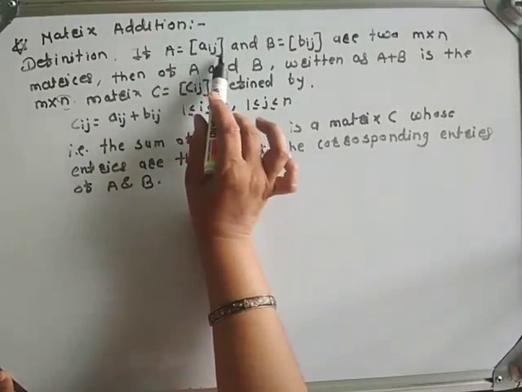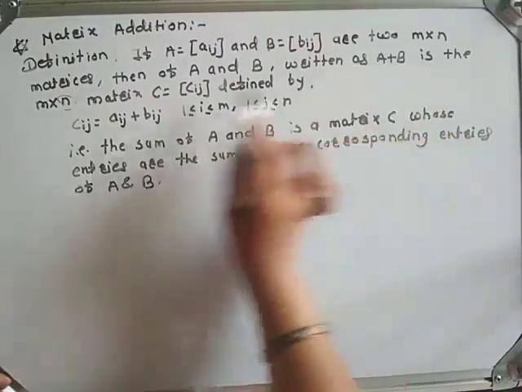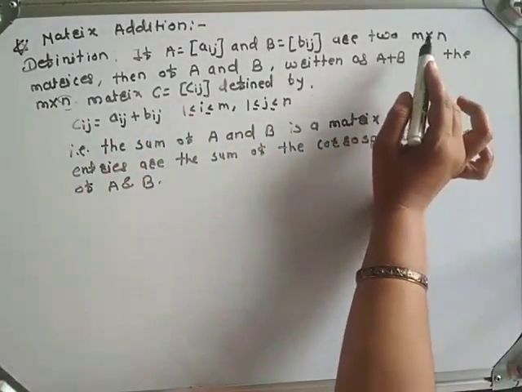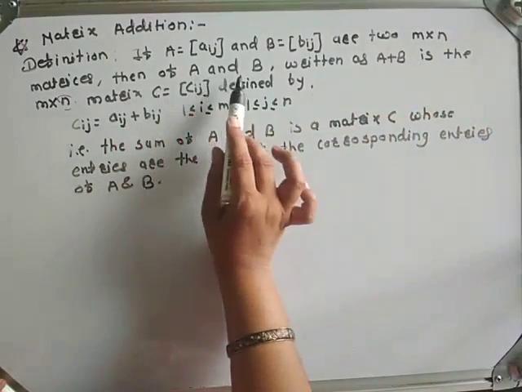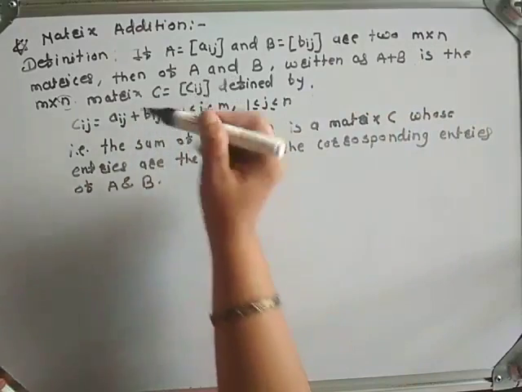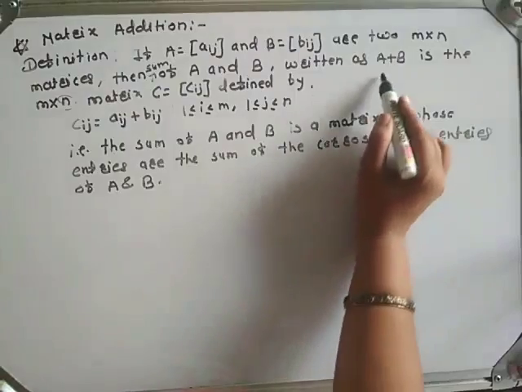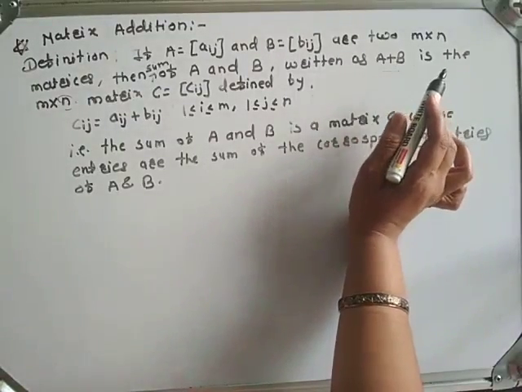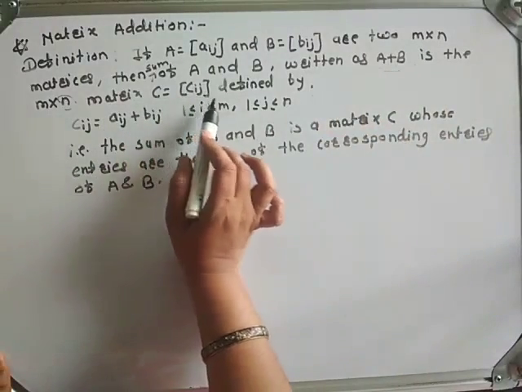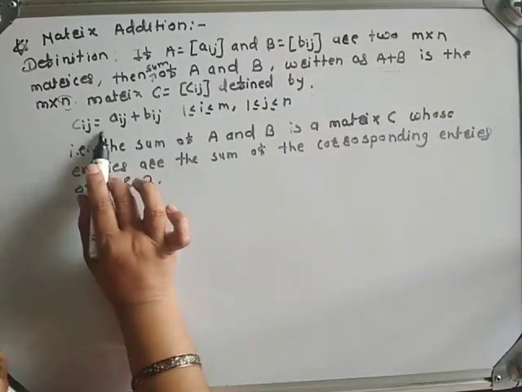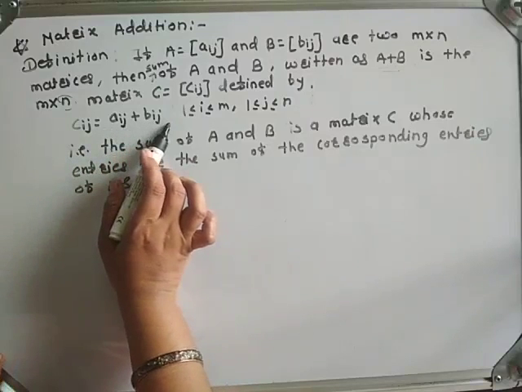See here, what is matrix addition? If A is equal to matrix Aij, B is equal to matrix Bij are two m by n matrices, that is, the number of rows is m and the number of columns is n, then the sum of A and B, written as A plus B, is the m by n matrix C is equal to matrix Cij defined as Cij is equal to Aij plus Bij.